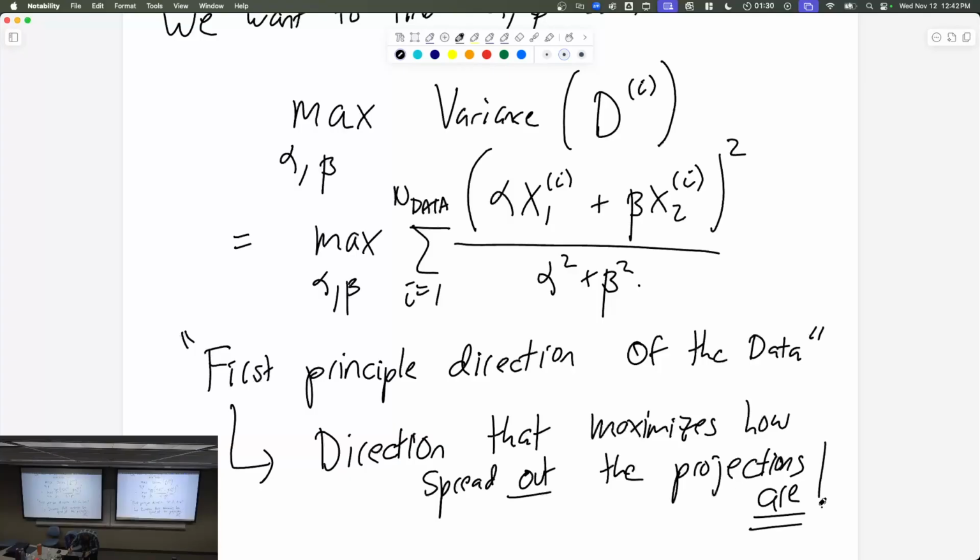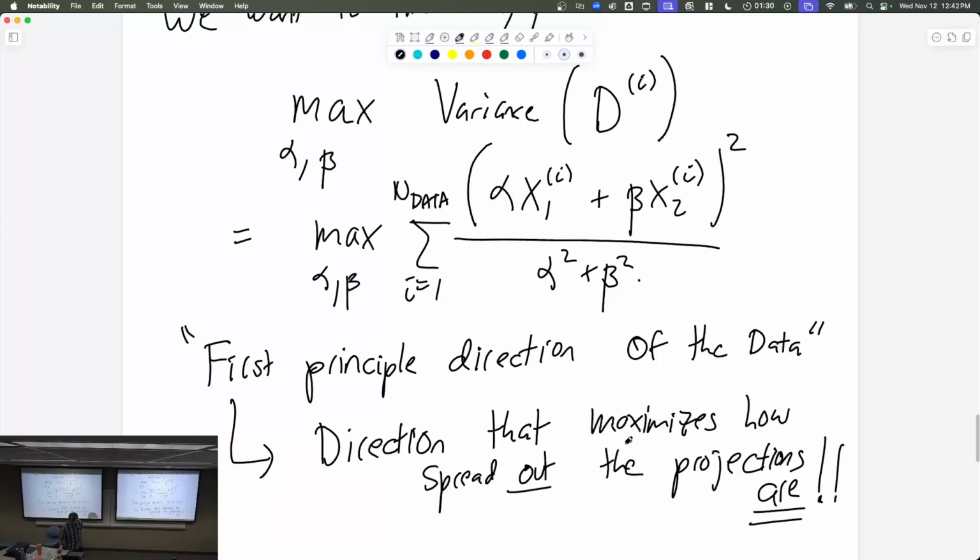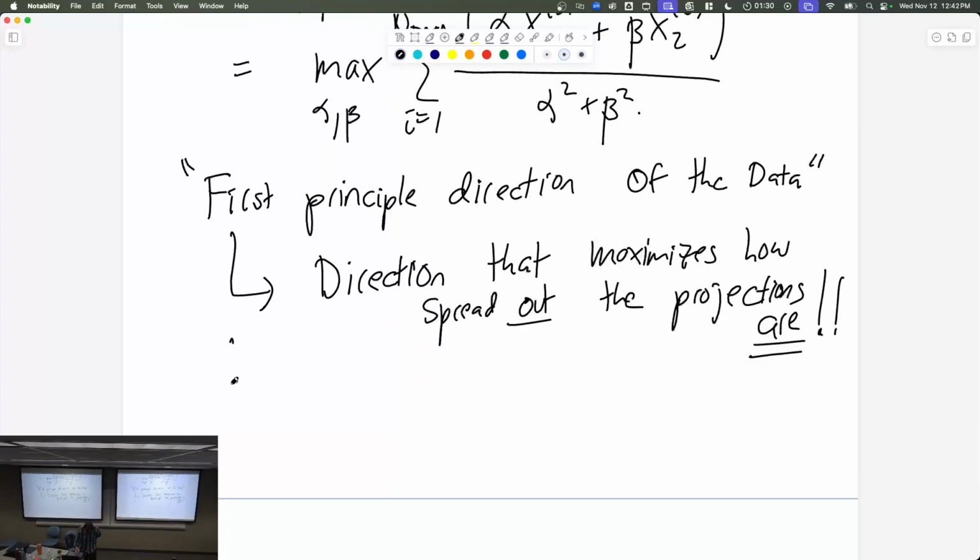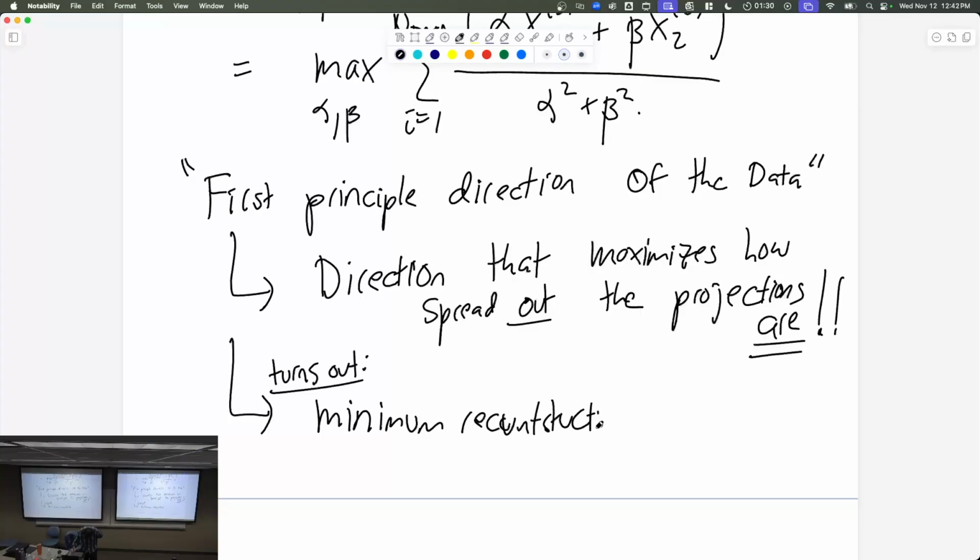And by doing that, it turns out this also has the minimum reconstruction error. And what do I mean by that?